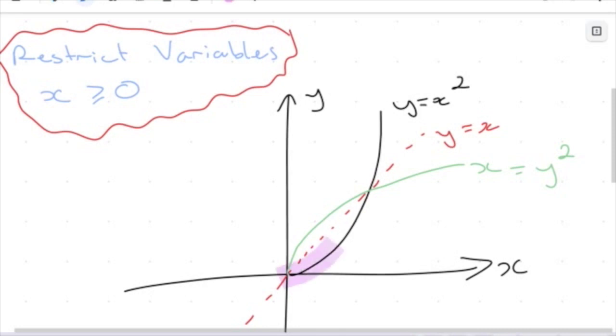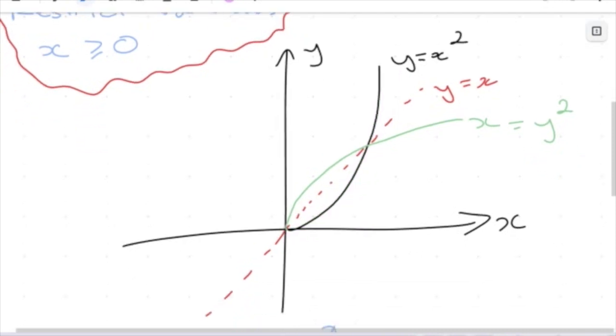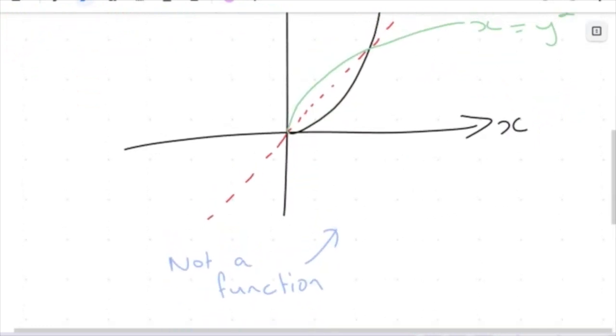So just on this right hand side of my y-axis. And once I do that, the resulting thing I get when I reflect this along the line y equals x is now a function. So restricting variables, they have a purpose. From what we did maybe 4 videos ago, now we can apply these ideas, restrict variables on our graphs in order to produce an inverse function.